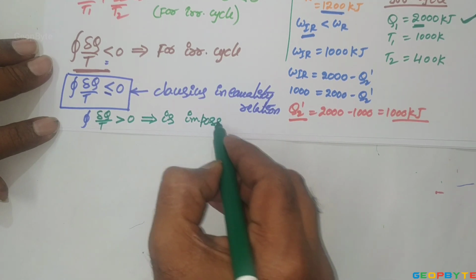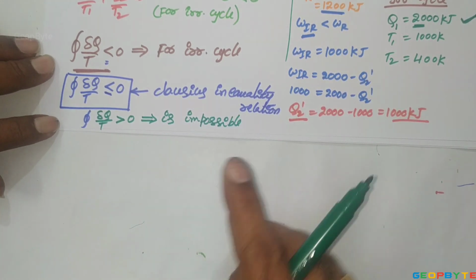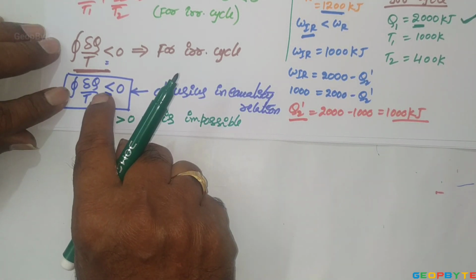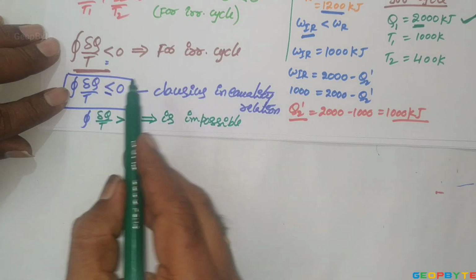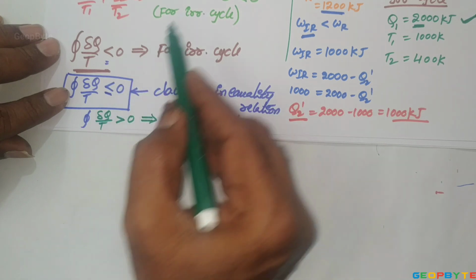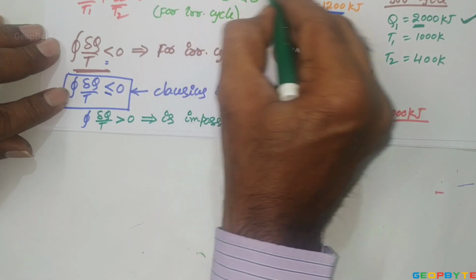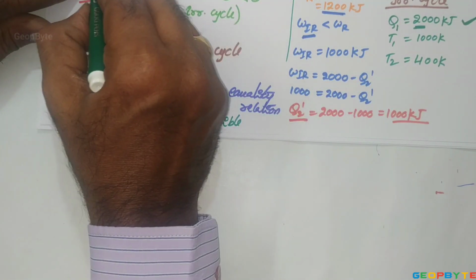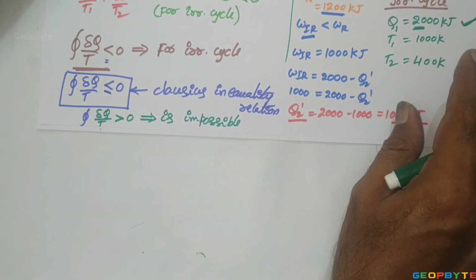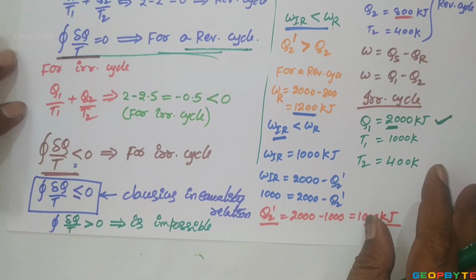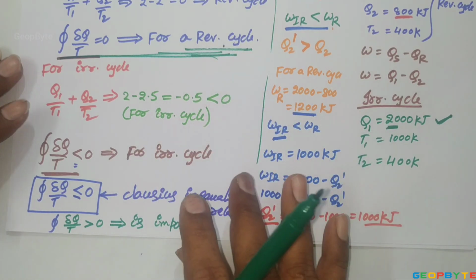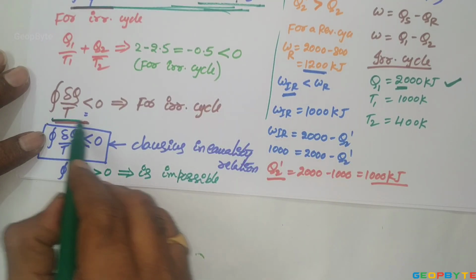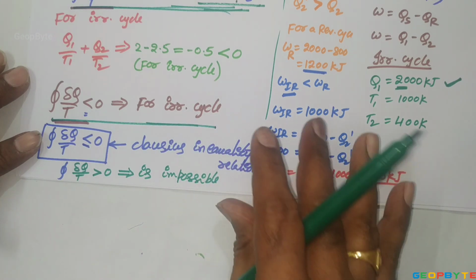Once again, cyclic integral del Q by T is less than 0 for an irreversible cycle. Cyclic integral del Q by T is equal to 0 for a reversible cycle.